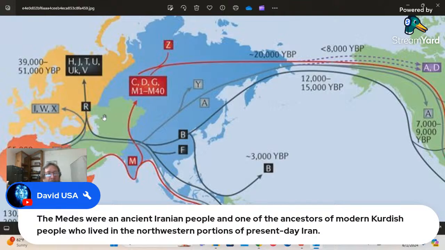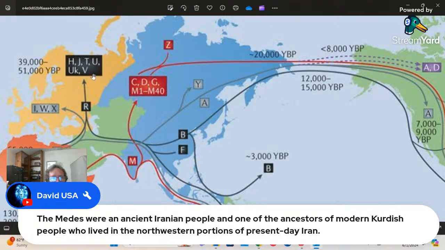But it seems, so what I'm thinking is that because this is not showing very clearly, the I didn't seem to be part of the X and the W. I think the I is separate from the X, and the W might be separate from the X too, for that matter. But these are all together in Europe.